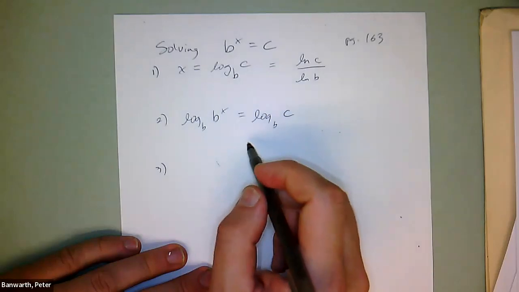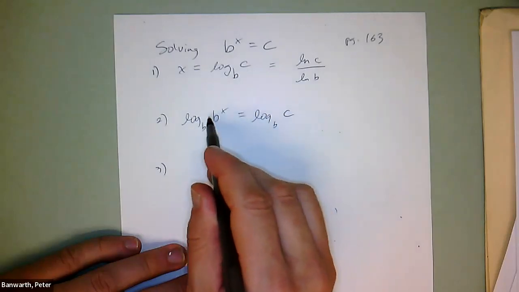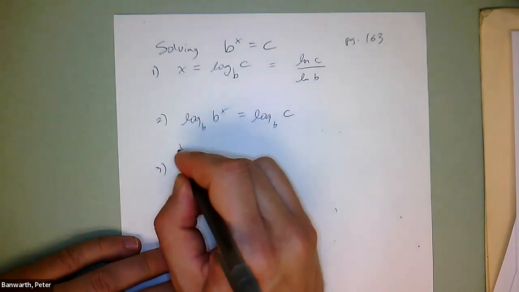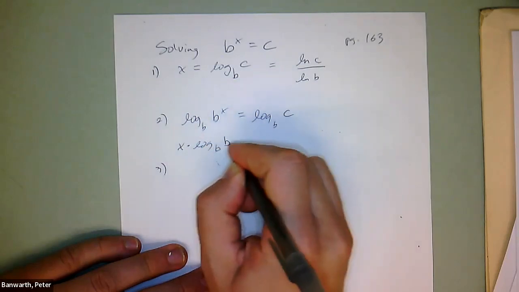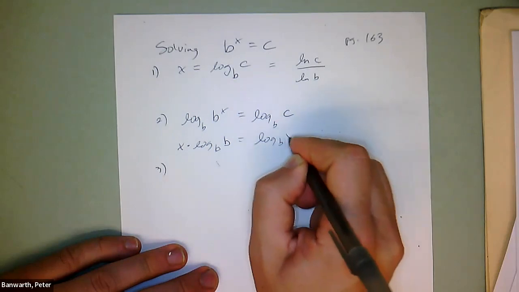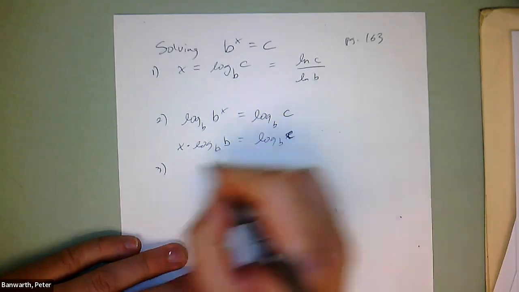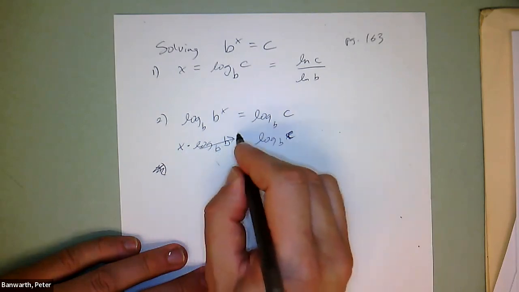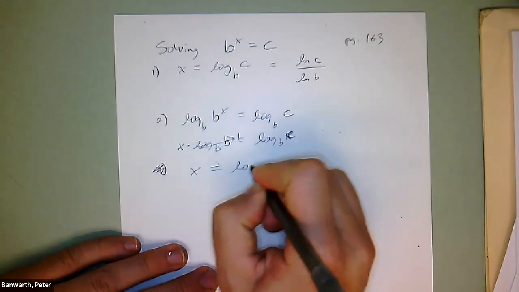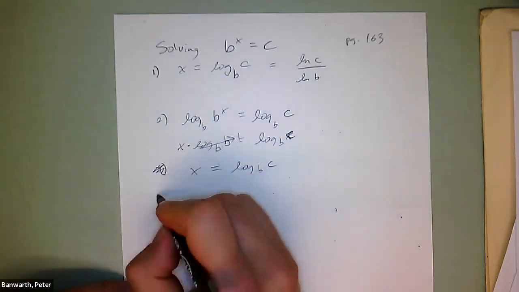And I recognize when I have something raised to a power, I can write it as a product in front, and then I recognize log base b of b is always 1. And I get that answer.